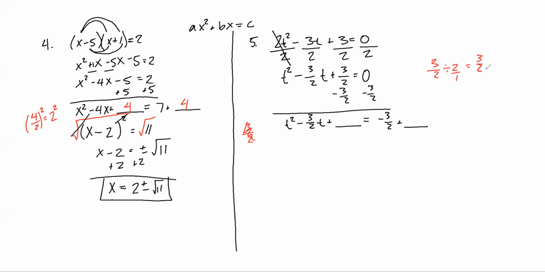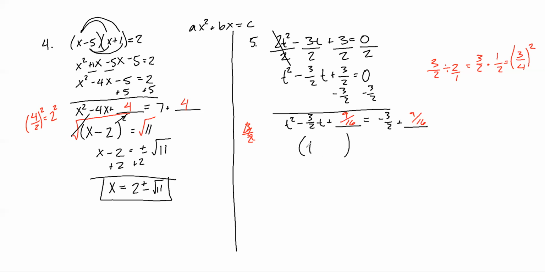So we have 3 over 2 times 1/2. And remember, we do want to square this. So we're going to take 3 over 4 and then square that. So we're going to have a 9 over 16 added to both sides.